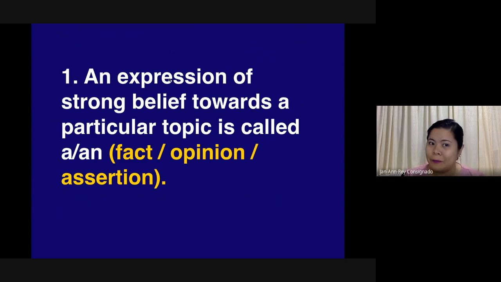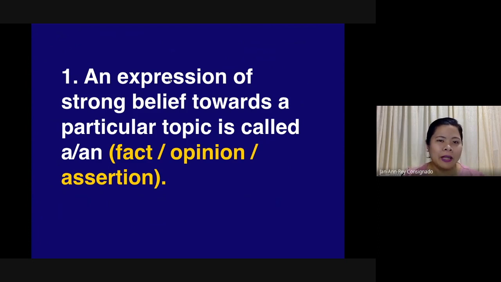I will repeat. An expression of strong belief towards a particular topic is called blank. Go ahead. Kindly underline the term.